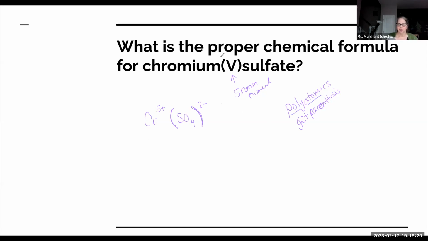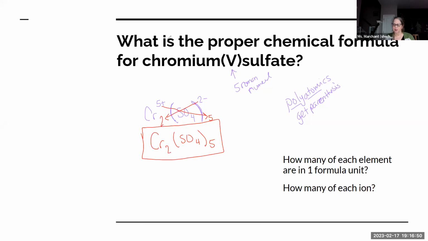So when I'm crisscrossing, I have that force field, that parenthesis, to make sure I'm crisscrossing all the way on the other side of the parentheses. Same with the 5. That guy is going over there. Cr2, SO4, 5. This would be the appropriate chemical formula for chromium 5 sulfate.